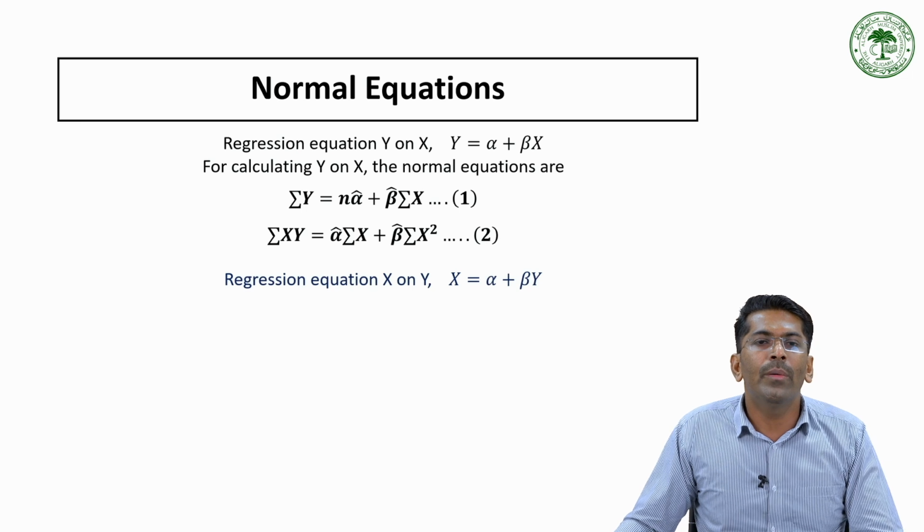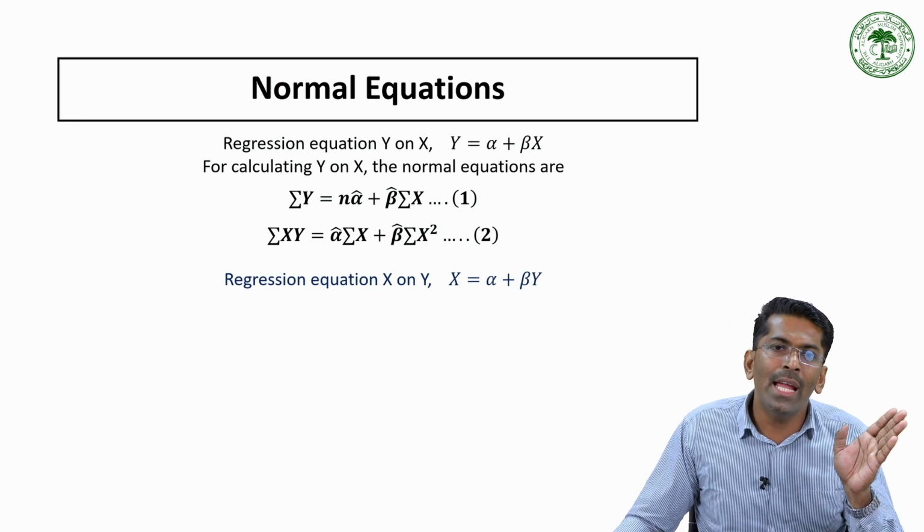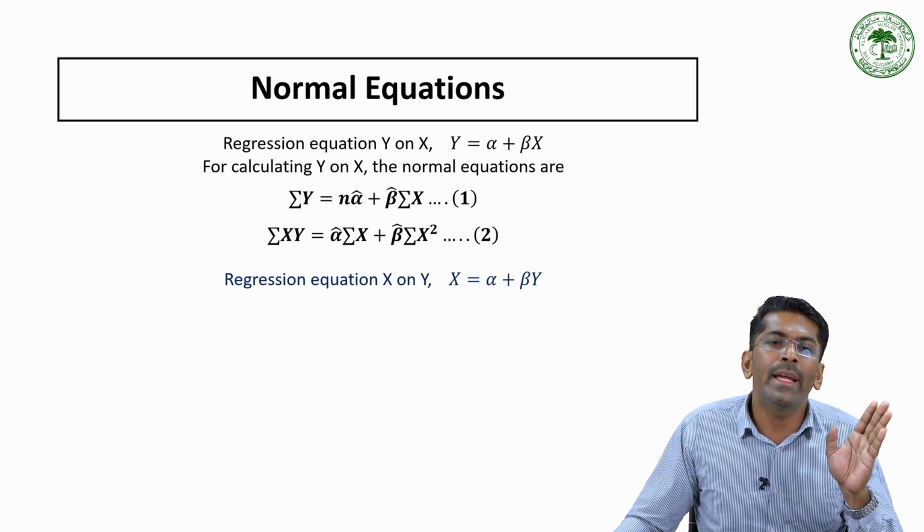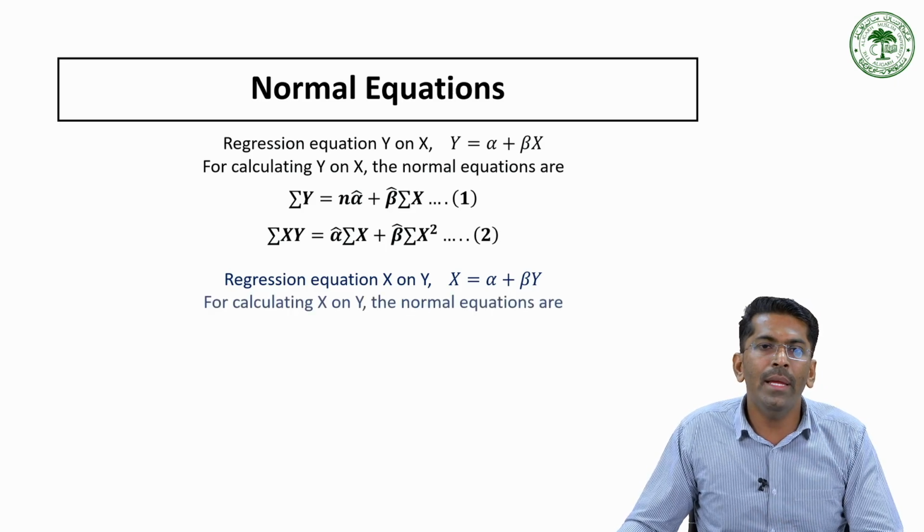Now, in a similar way you can also derive the regression equation of x on y, that is x equals alpha plus beta y. If you derive the same, then instead of sum of y, it will become sum of x, which equals n into alpha hat plus beta hat sum of y.